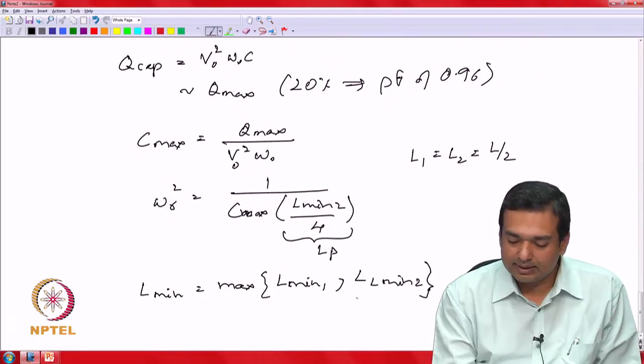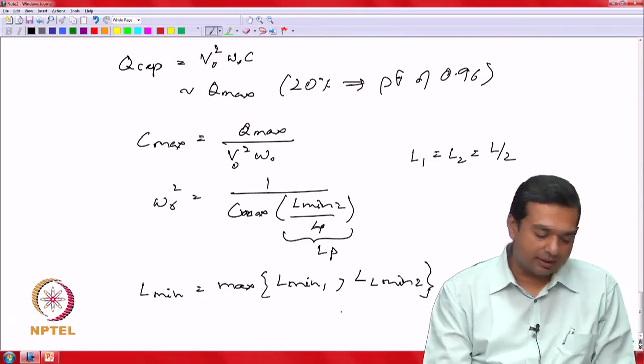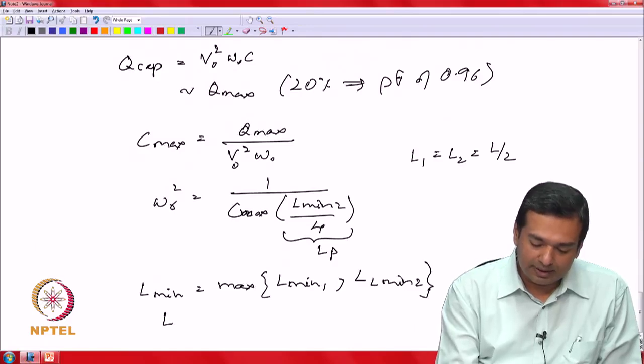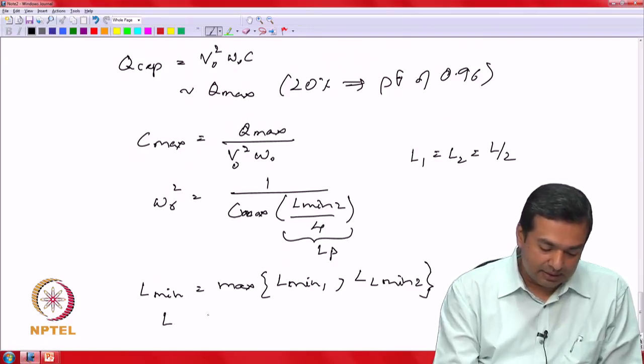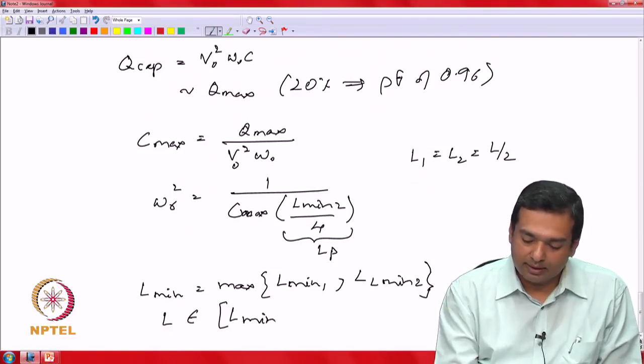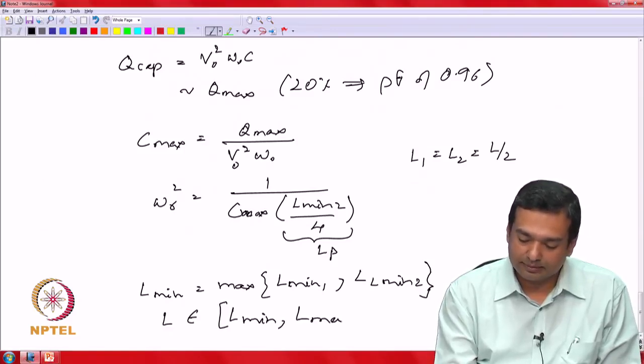By selecting this you are ensuring that both the constraints are being met, and then your final inductance would belong to the range between L min and L max.